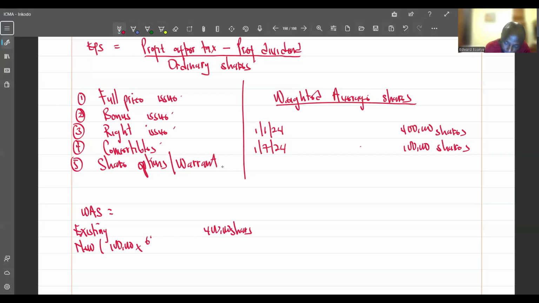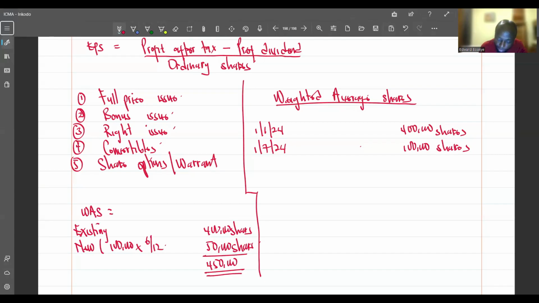So it's going to be 6 over 12. And what is 100,000 multiplied by 6 over 12? That should give us 50,000 shares. And in all, we are going to get weighted average shares of 450,000. So this is going to be our weighted average shares.